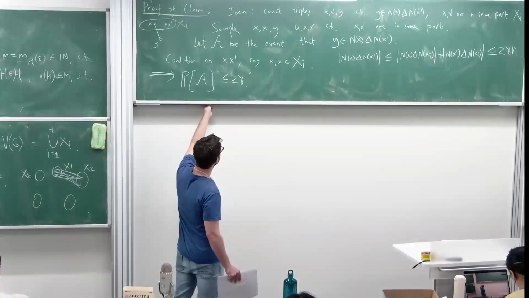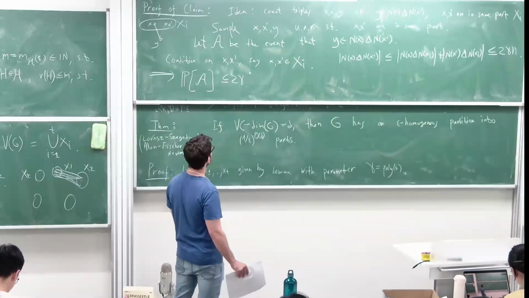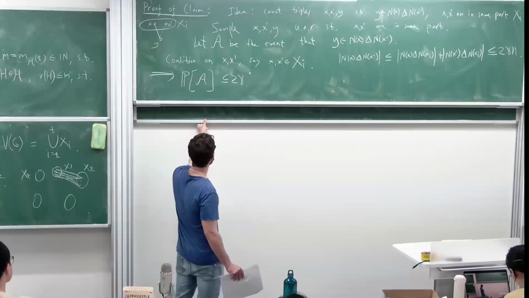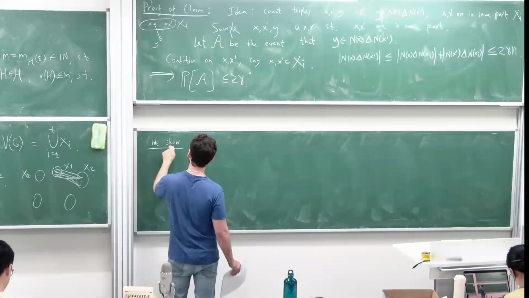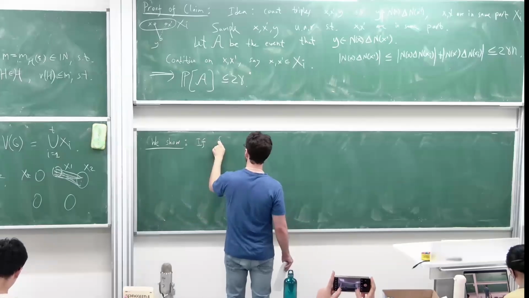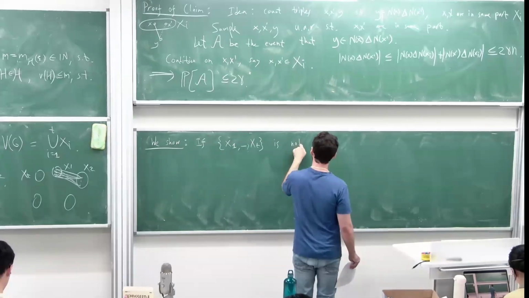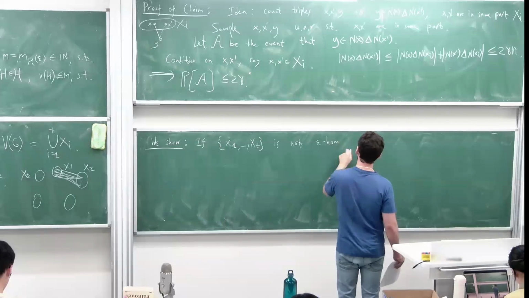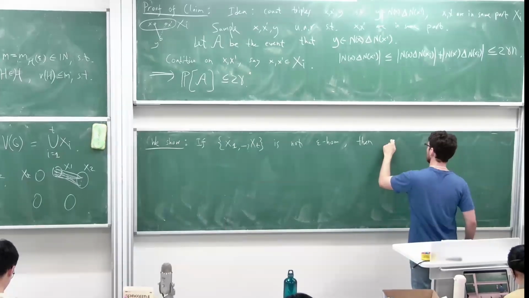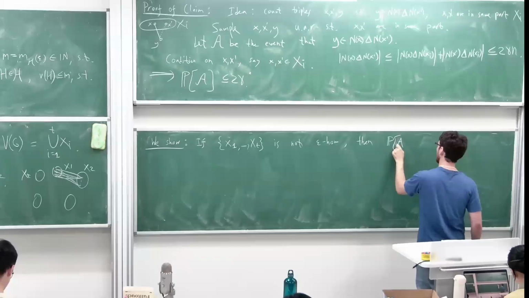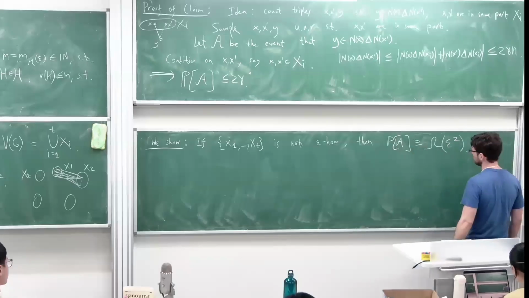The other part, so we will show that if X1 up to Xt is not epsilon homogeneous, then the probability of A is at least omega of epsilon squared.